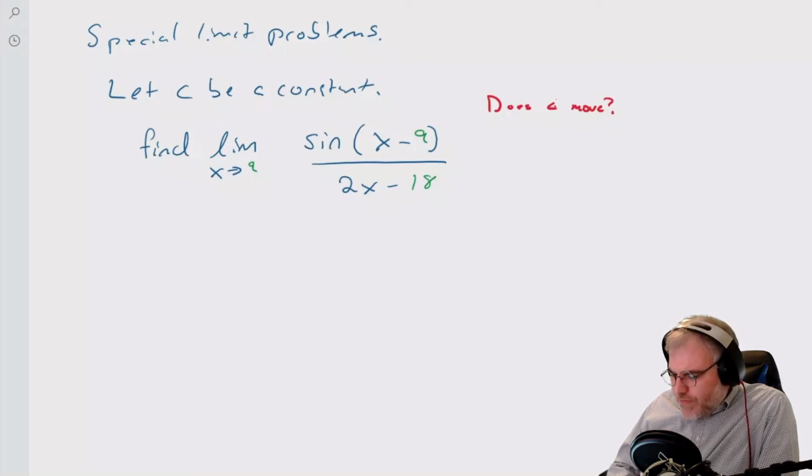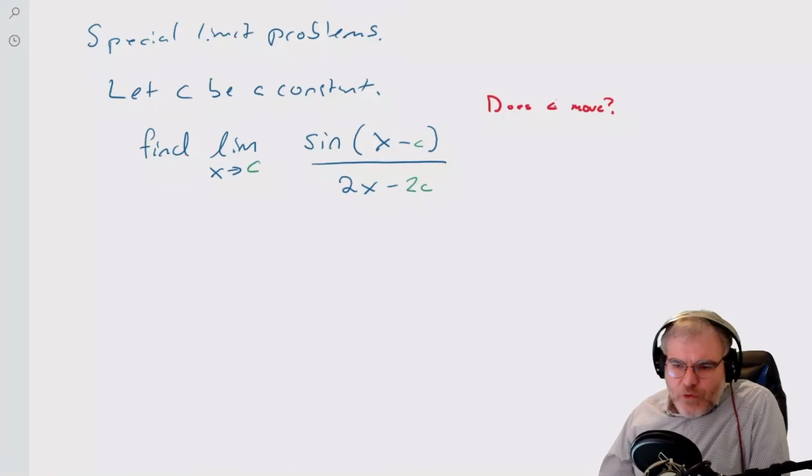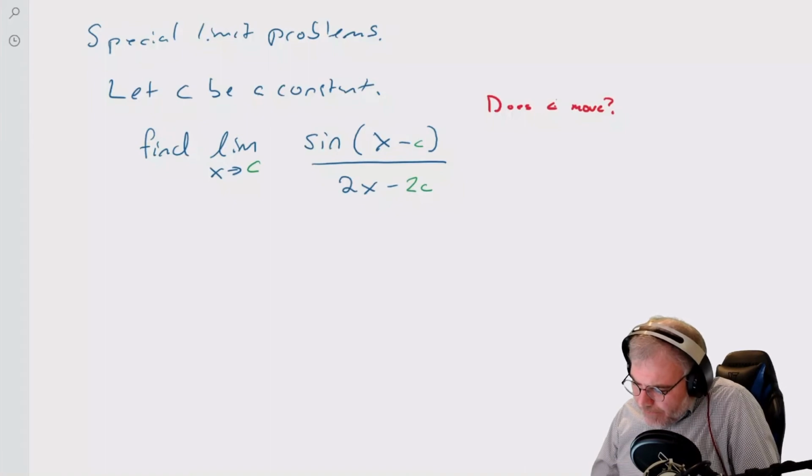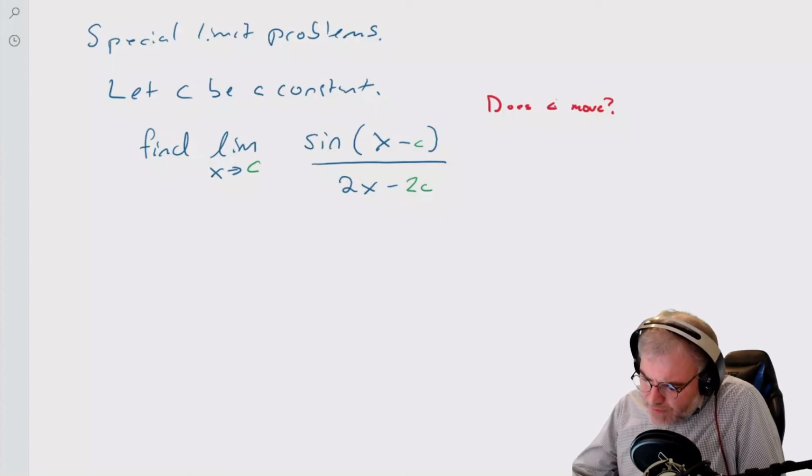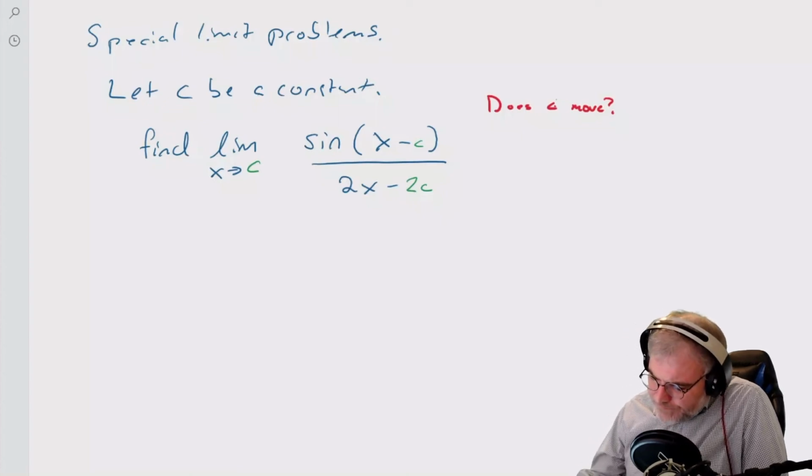You do a U substitution and you get rid of the x minus 9. Now we've just got a C here. So this is a little more abstract. C doesn't move with this. So what I'm going to do is make a U substitution.